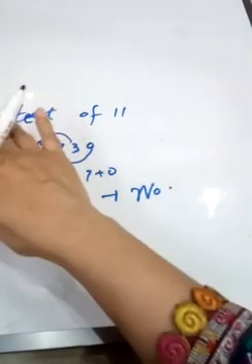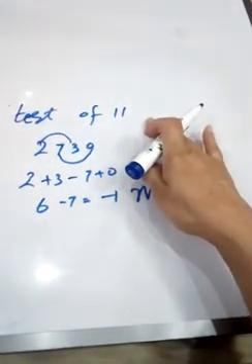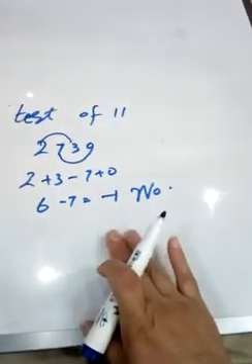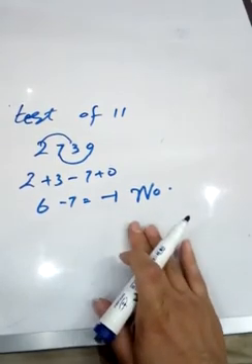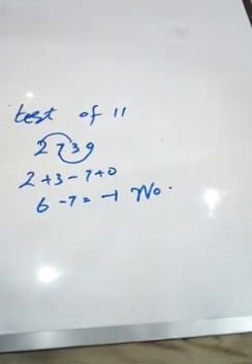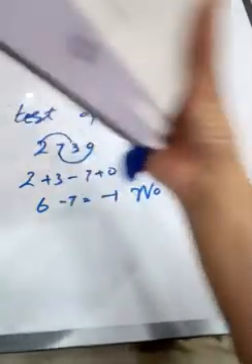In the same way, write the test of 2, test of 3 and test of 11 on the top, apply their rules and find the answer for question number 7. Now move on to question number 8. Question number 8 is very easy.